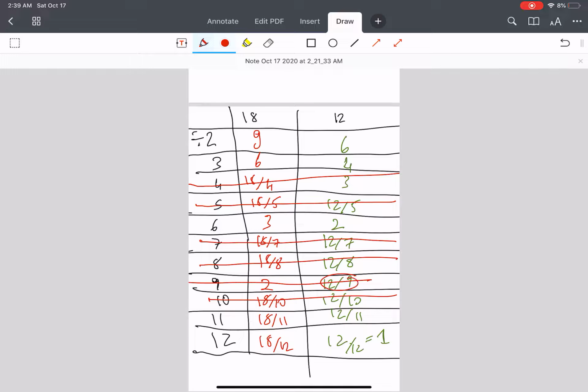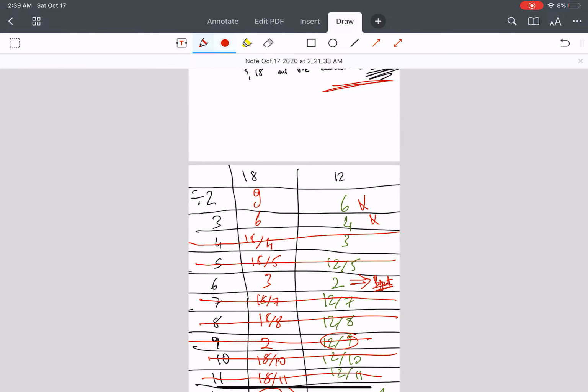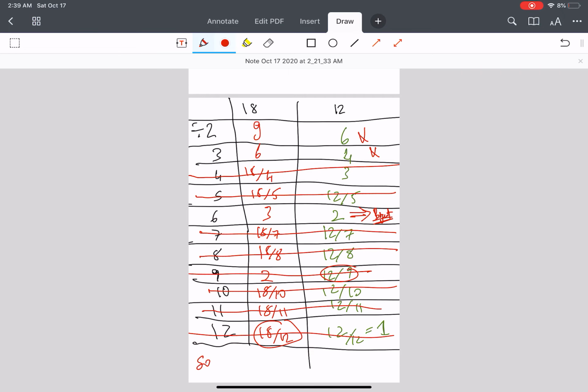And remove this because there's a fraction here. The biggest number: 2 is not the biggest, 3 is not the biggest, and 6 is the biggest number. So the HCF of 18 and 12 is equal to 6.